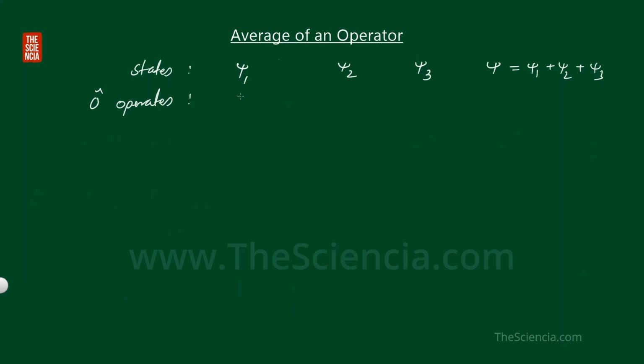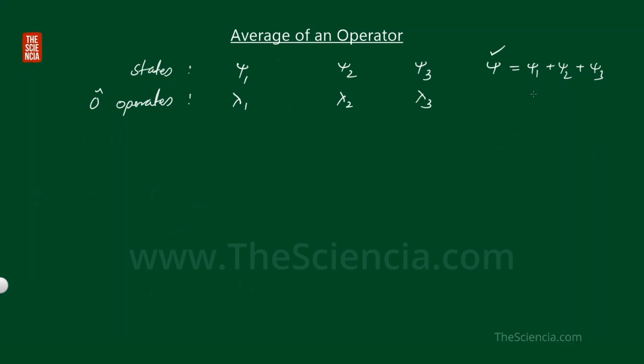That is, the eigenvalue corresponding to psi 1 is lambda 1, psi 2 is lambda 2 and psi 3 is lambda 3. So this is the measured value of psi 1. And here the state of the particle is a linear combination of different states.